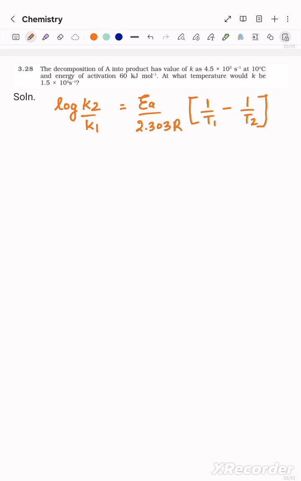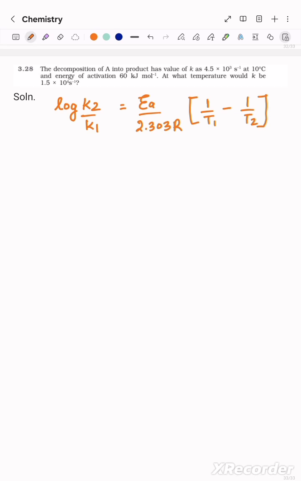This equation is applicable. Why? Because here you have to find out the second temperature and the first temperature is given. And both rate constant values K2 and K1 are also given. So we put the values in it.